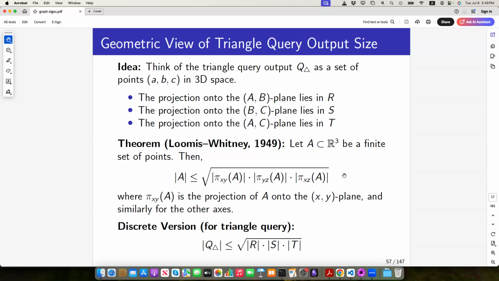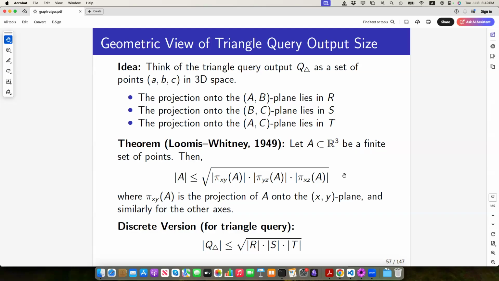This is quantified by an inequality called the Loomis-Whitney inequality. So this is a simplified form in terms of projection. Basically the volume of A is going to be at most the square root of the product of the surfaces. Okay, it's a non-trivial result to prove.